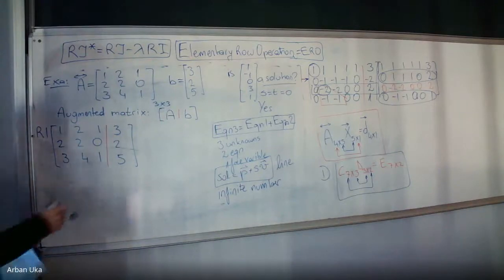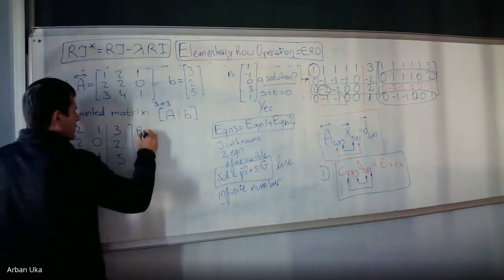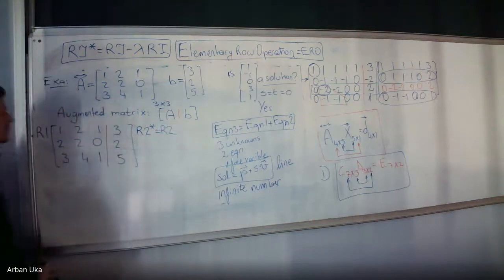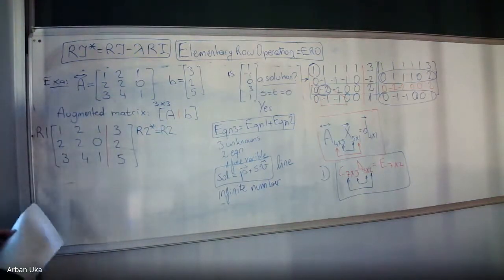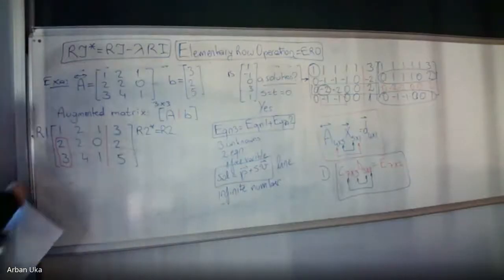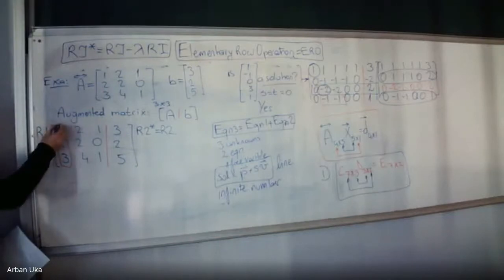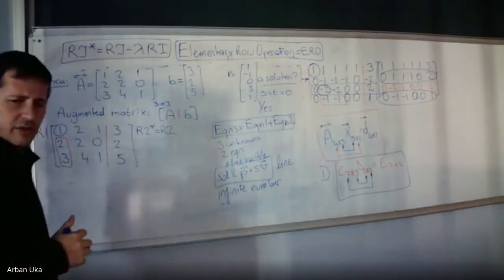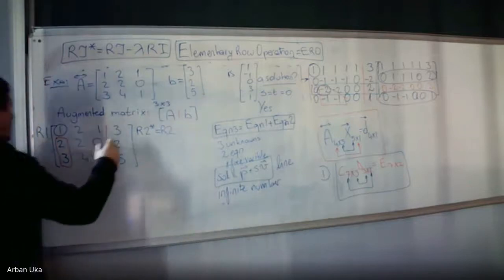If this is the pivot row, then what is the next step? The next step is we apply these operations. We say row 2 star is equal to row 2. How should we modify row 2? Minus 2R1. That's correct. We need to make these 0 using this pivot element, so it's R2 minus 2R1.